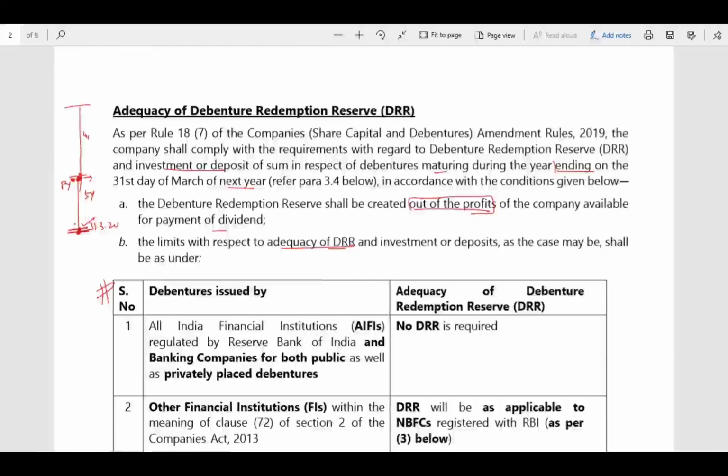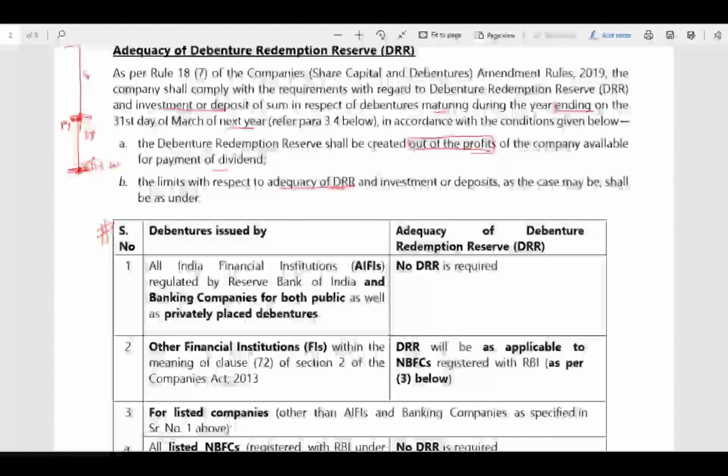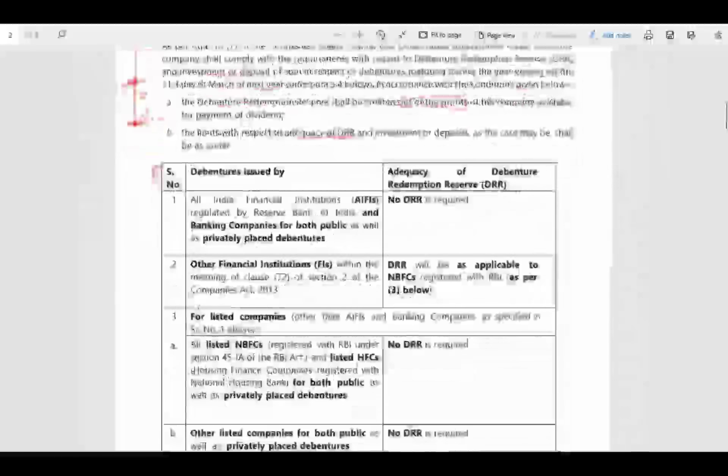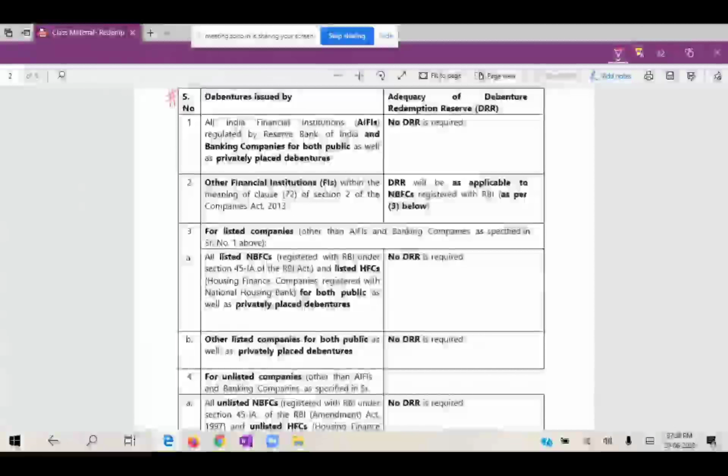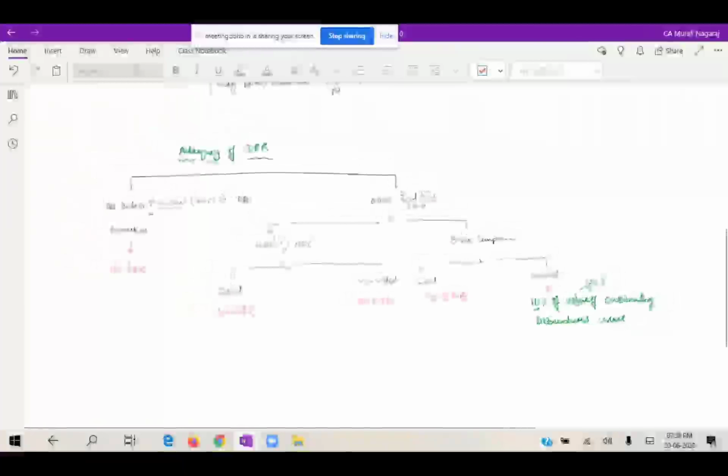If the tenure is 5 years, at the time of issue itself, DRR is supposed to be created with this adequacy: 10% of the amount of debentures outstanding is supposed to be created and held. Suppose you have not created it; if you are going to redeem at the end of the first financial year, at least this year you're supposed to create it. This is the table that I have compressed in this chart.